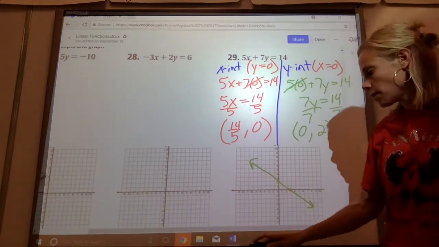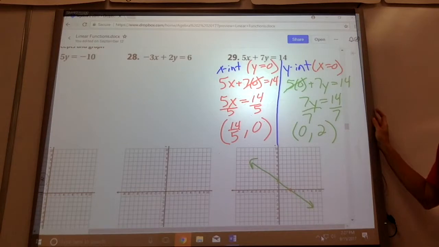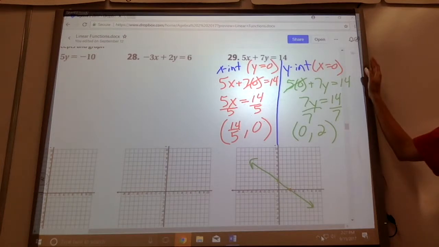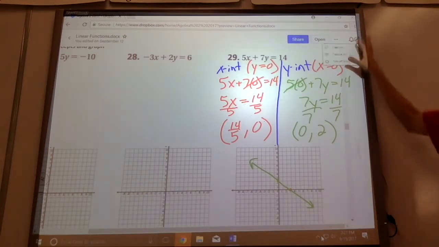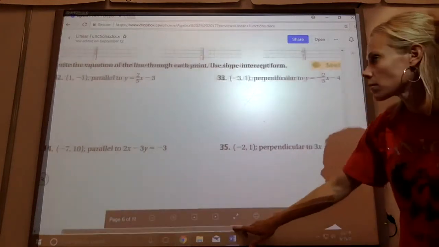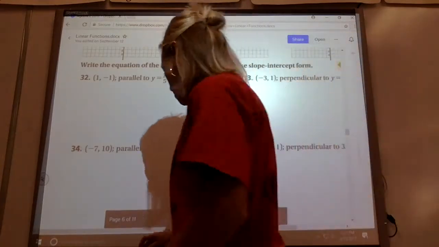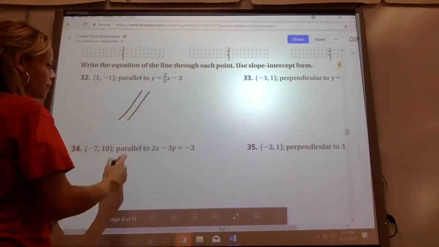Okay. So the last part, parallel and perpendicular lines, hopefully from geometry. That sounds familiar. So let's take a second here, though, and review parallel lines.